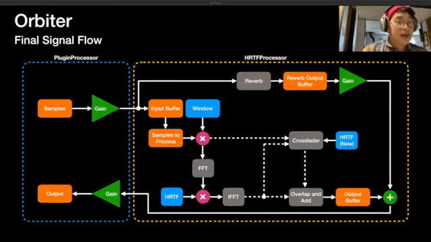Now, if we took a look at our final signal flow, it's going to look something like this. A little bit more involved, but still relatively simple, at least in my opinion. You have the samples coming in with gain applied, which gets placed into an input buffer. If the number of samples meets the threshold, then it will start the processing.